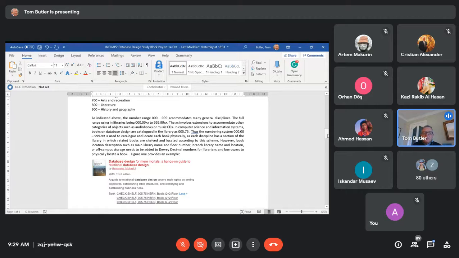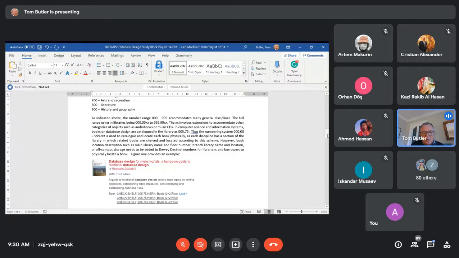But in terms of our ability to search the database, not only for this book, we need a greater degree of accuracy. Because it's a human being who will be checking the shelves, and as long as they look in 005.75, they're in the right place.